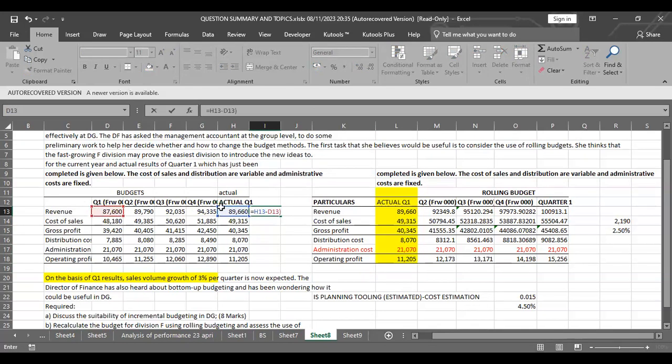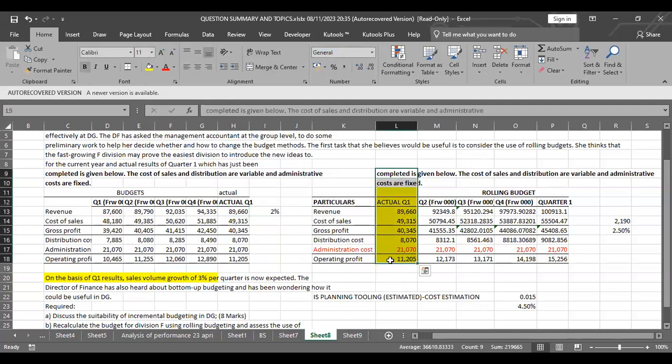Even if you factor it in percentages, you notice that difference: if you divide by where it originally was, it has increased by some percentage, which you could factor in. So anyway, the idea is that they use actual.